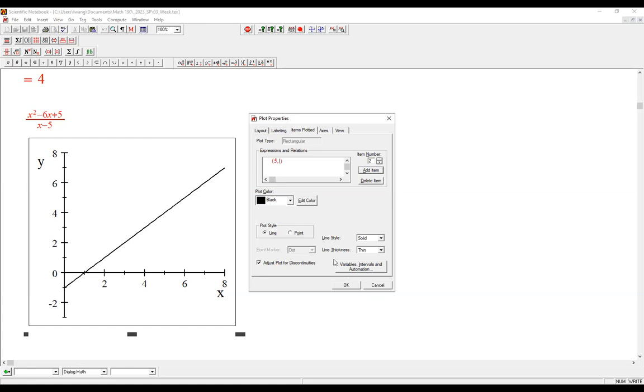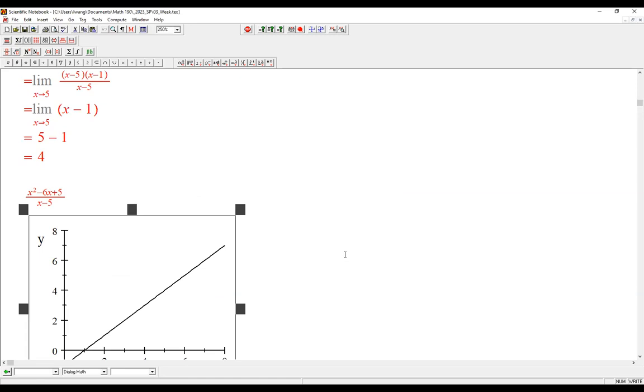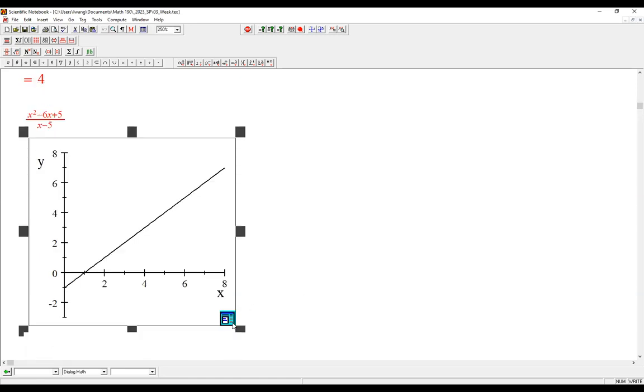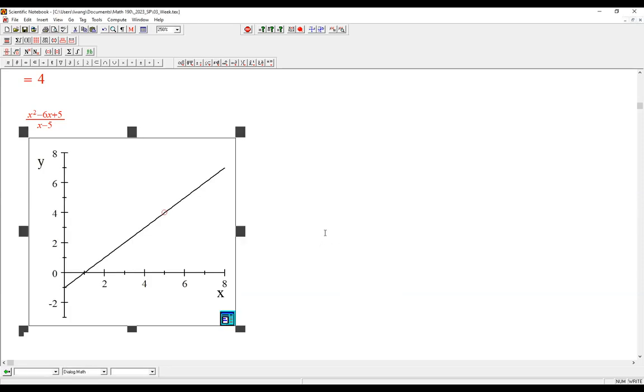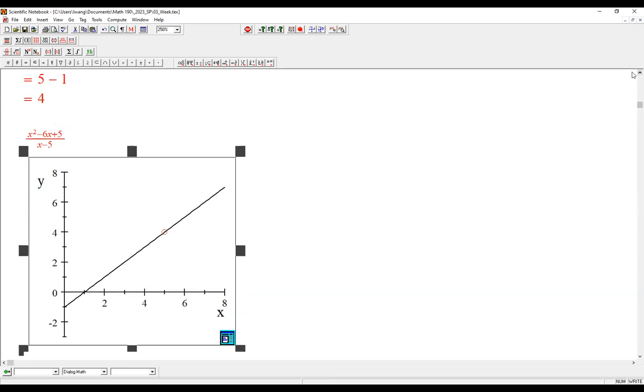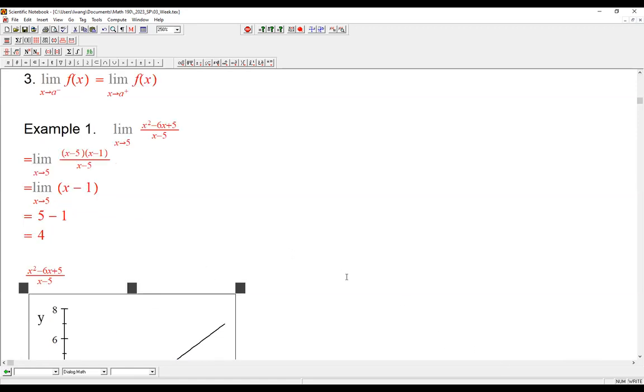What point should I get? It should be 4. So at 5, 4, there's a circle. Then you may wonder, how do I know? I will explain later how I know, because we already know the limit. I just want to illustrate the situation.